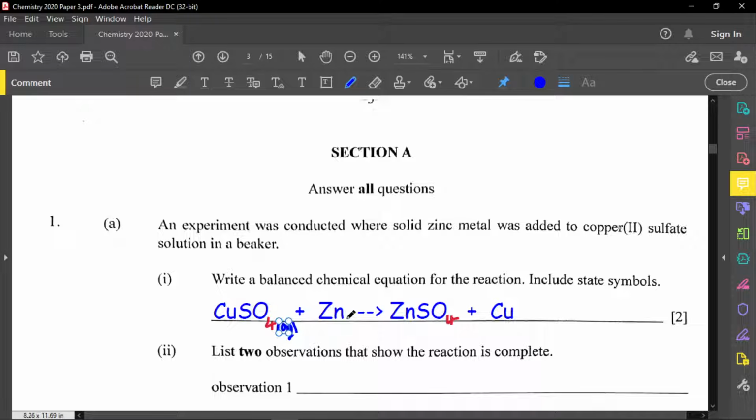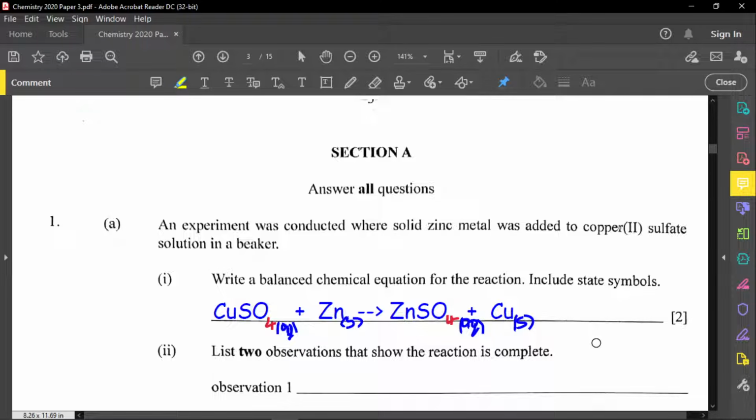Zinc is a solid, so you put S, in brackets as well. Zinc sulfate is aqueous, so let's put AQ right there. And copper is a solid, so you put S for that. That will be your balanced chemical equation between copper sulfate and zinc.